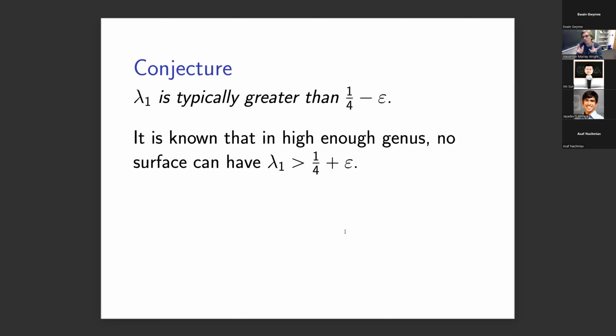When you have a random hyperbolic surface, you compare it to its universal cover, the hyperbolic plane. And so 1/4 is the spectral gap of the hyperbolic plane. So this is the exact analog of Alon's second eigenvalue conjecture. And the formal statement would say for all epsilon, the probability that a Weil-Petersson random hyperbolic surface of genus G has lambda 1 less than 1/4 minus epsilon goes to 0 as the genus goes to infinity.